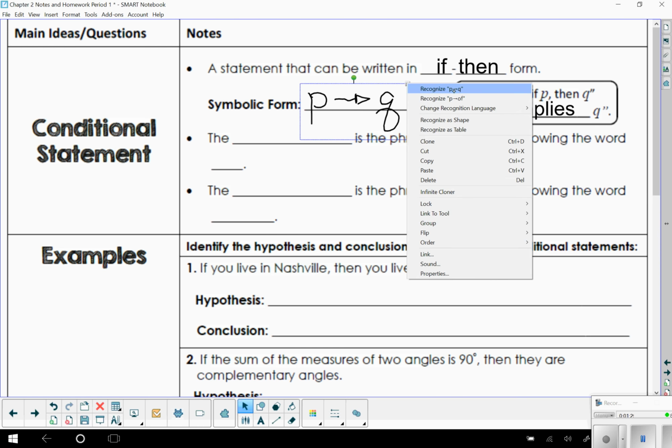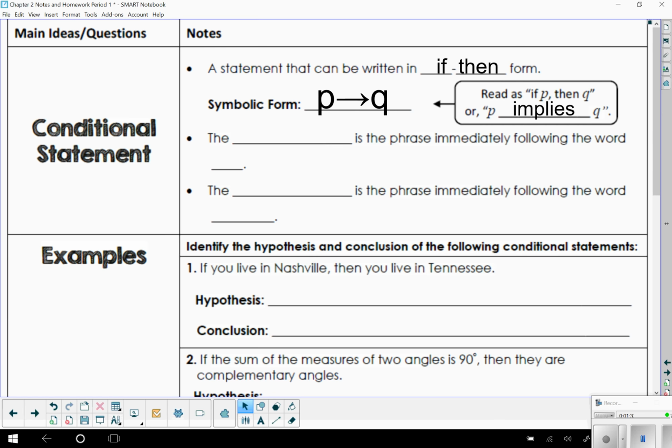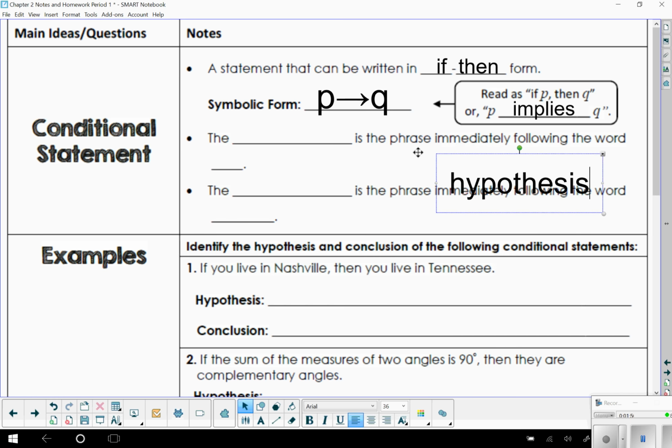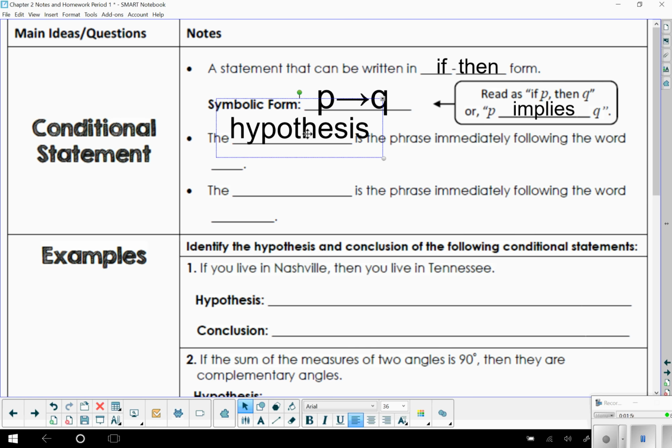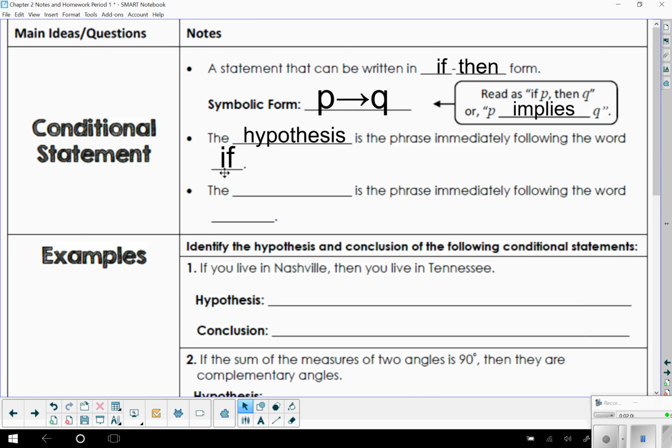Let's see what it gives us here. The hypothesis is the phrase immediately following the word if, right?